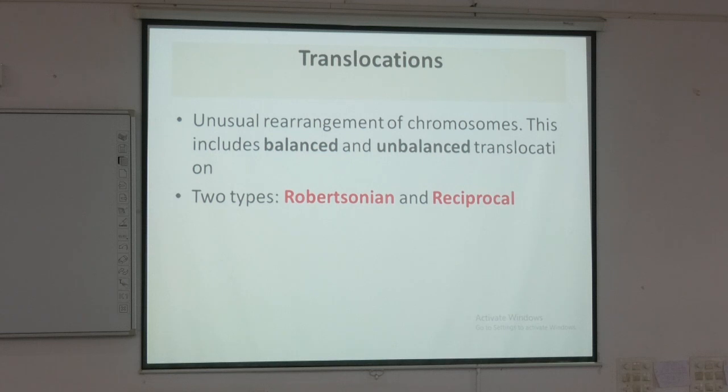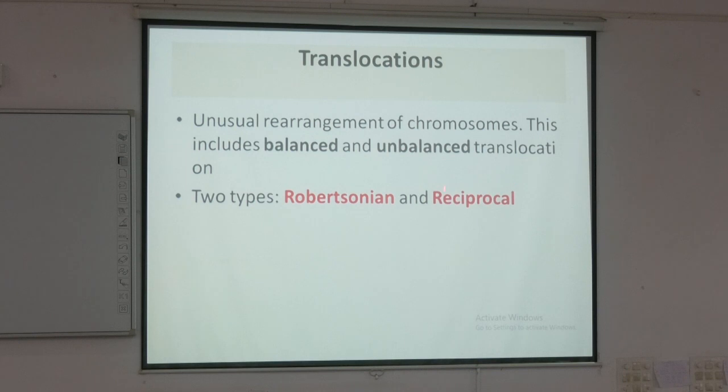We have a short arm and a long arm. The short arm of chromosomes of a particular group switches between them, changes between 5 to 6 or 6 to 5 or whatever it is. So, the entire length of an arm taking part in this kind of translocation, we call Robertsonian translocation. This is one variety.